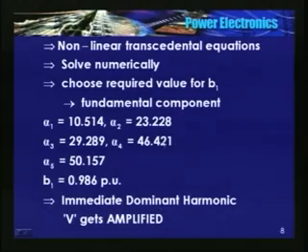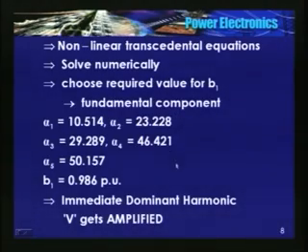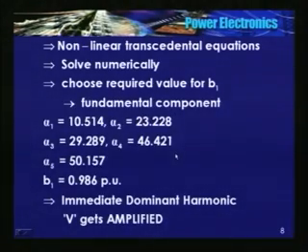So if you switch at these particular angles, you can eliminate the 5th, 7th, 11th, 13th, and you can control the fundamental, and its magnitude is found to be 0.986 per unit.